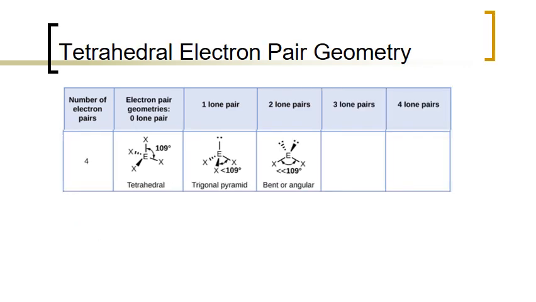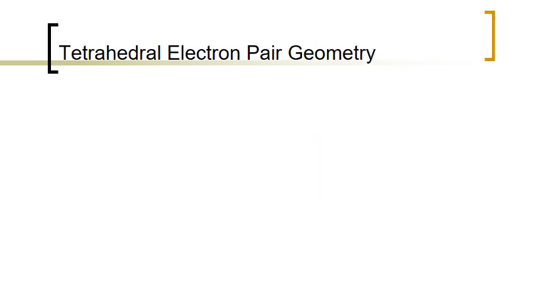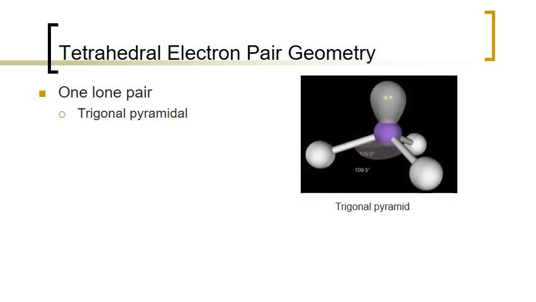Let's move on to tetrahedral electron pair geometry. 4 regions, 4 electron pairs around the central atom. If we have one lone pair, the structure is trigonal pyramid. The adjective part of that is trigonal pyramidal or pyramidal. Bond angle 109.5.